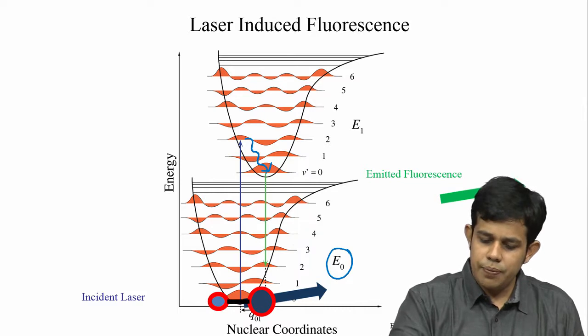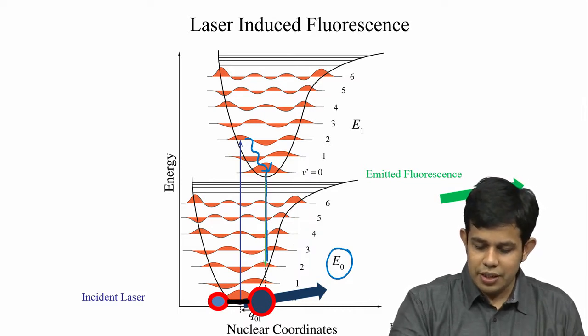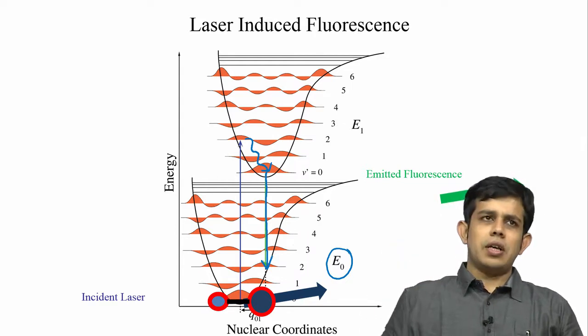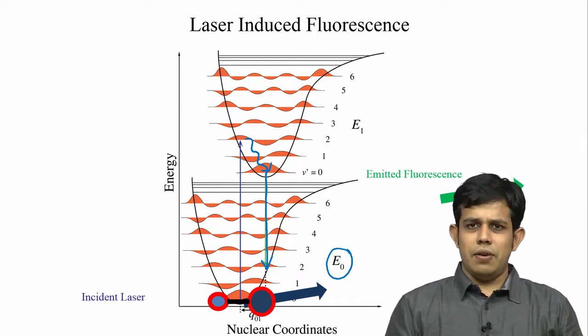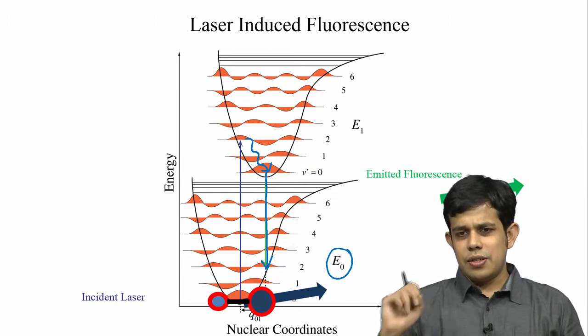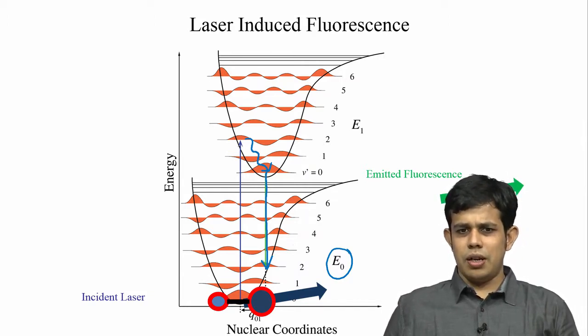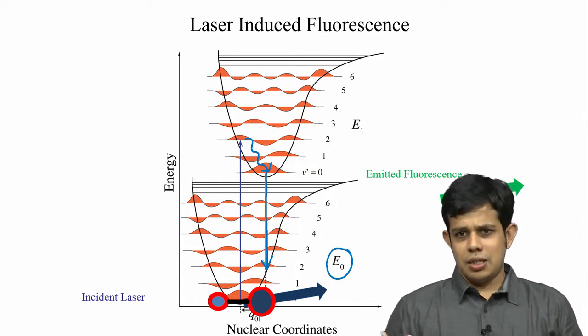So, there is this large jump that it makes, and because of the large energy difference between the two electronic states, it emits a photon, and that photon is the emitted fluorescence or the laser induced fluorescence that we are talking about. Okay. So, that photon is essentially light.